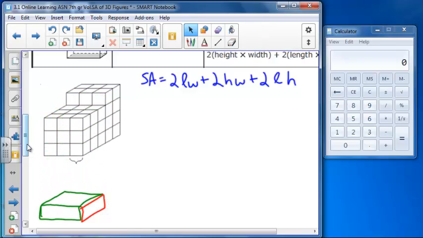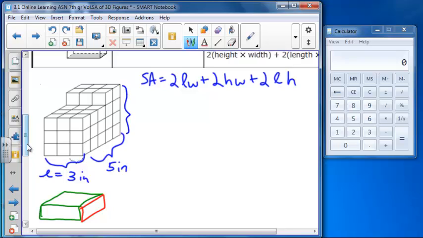So I'm building blocks to make it a regular shape. This is in inches. We'll say the length is 3 inches, the width is 5 inches, and the height is 4 inches.